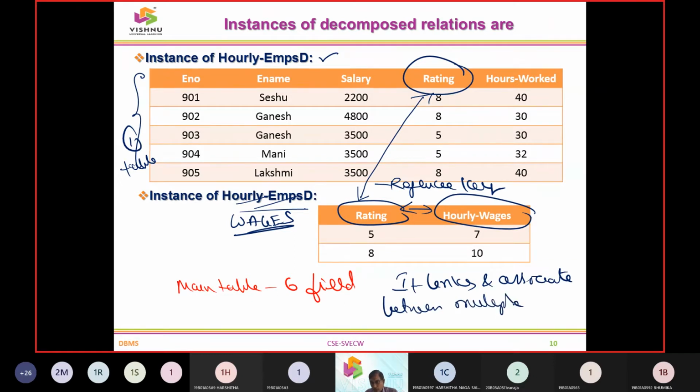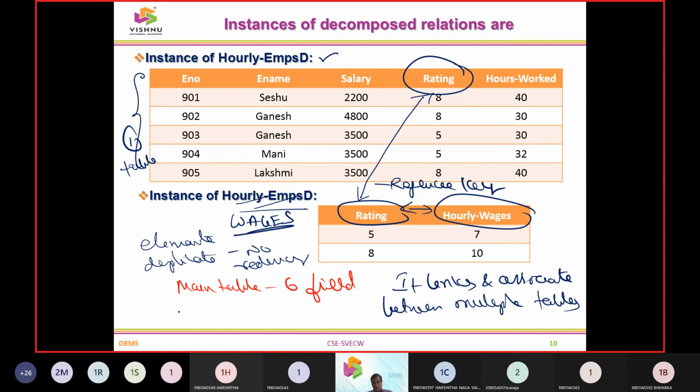So the main table is going to be distributed for convenience. What was the convenience? We eliminate duplicates. We can say there is no redundancy.